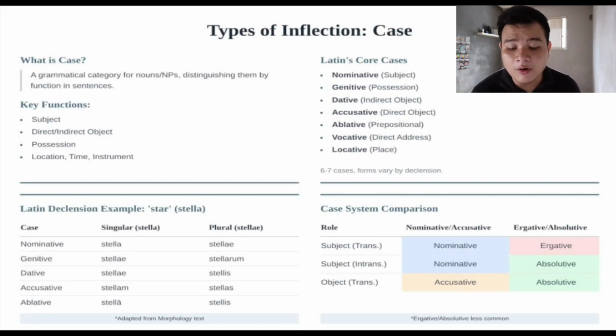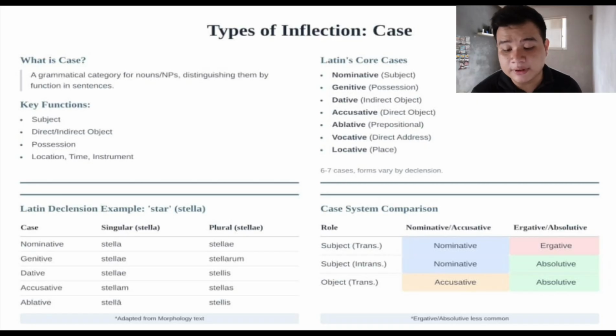English uses word order more than case endings, but languages like Latin, Russian, Turkish, and Japanese rely heavily on case. In Latin, for example, one noun can appear in many forms depending on its case. The noun stella, meaning star, changes endings to show its function in a sentence.